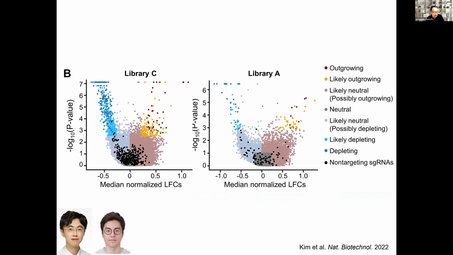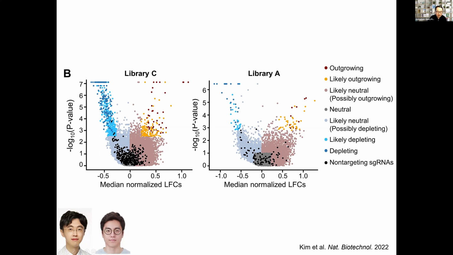So for this one, Hyongbum and Sungho in my lab performed this experiment. The x-axis is normalized log fold change, and the y-axis represents the p-value. The black dots represent negative control, non-targeting guide RNAs.